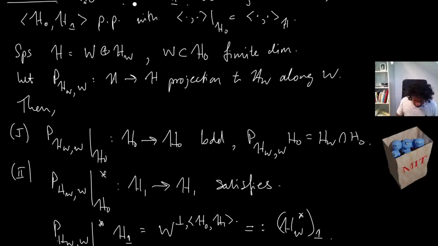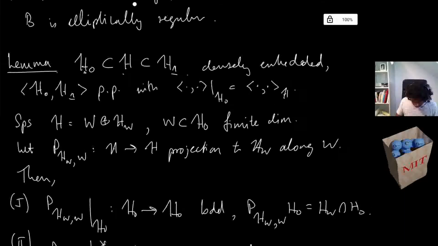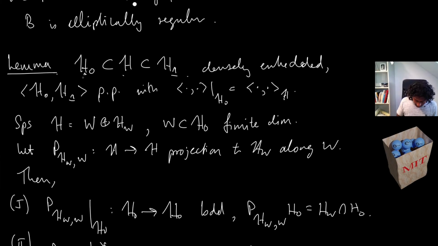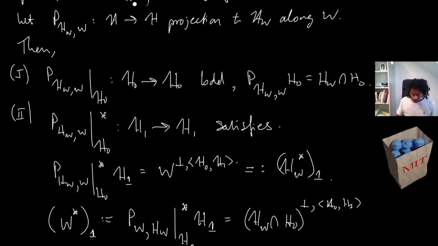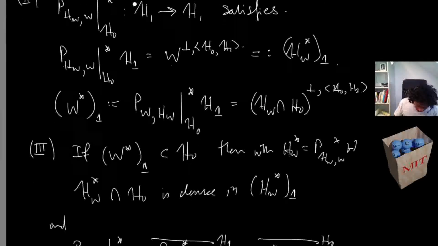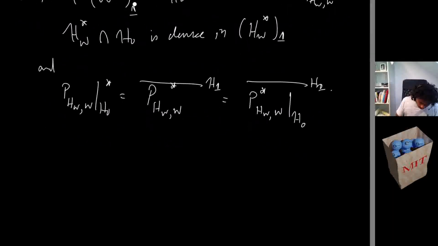It's saying that if we have projectors in H, they restrict nicely to projectors to subspaces of H naught, as long as we have a nice decomposition of H where one of the subspaces is sitting in H naught. And then we get some nice conditions for the dual projectors. So that's all this is really saying.